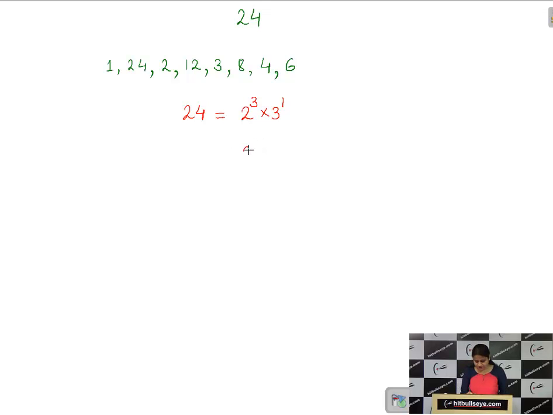That's why 2 raised to power 0, 2 raised to power 1, 2 raised to power 2, 2 raised to power 3. These are the permissible powers of 2 which will divide 2 cube completely. We cannot take 2 raised to power 4 here. Why? Because 2 raised to power 4 is not dividing 2 cube completely.